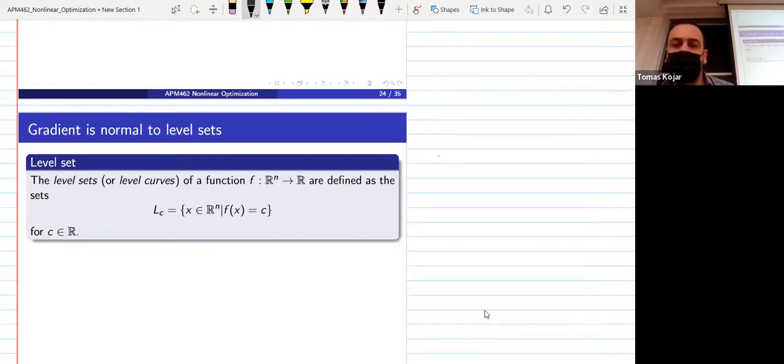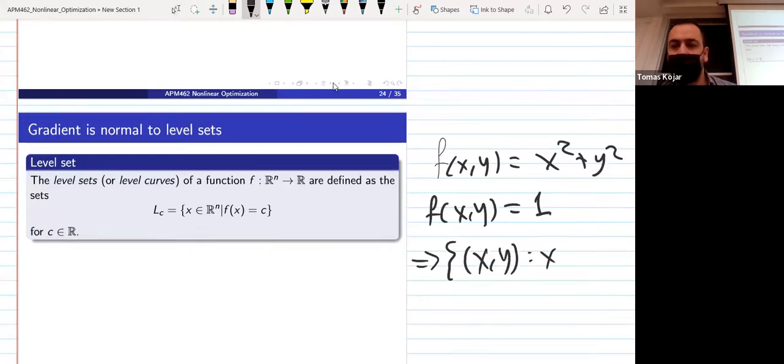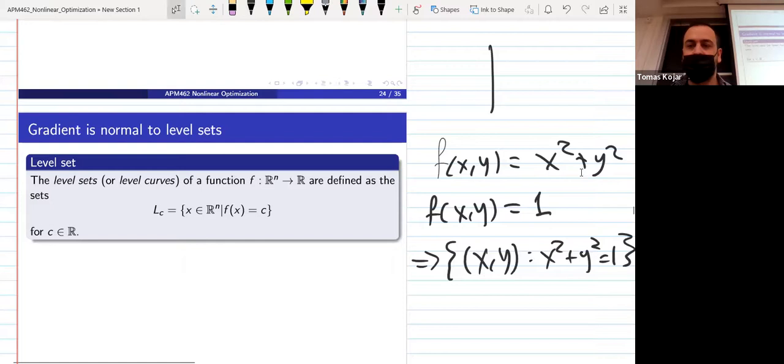So going back to our example, f of x equal to x squared plus y squared. If you set this equal to a constant, say 1, can you tell me pictorially what the level set is? Yeah, so how do you explain it?